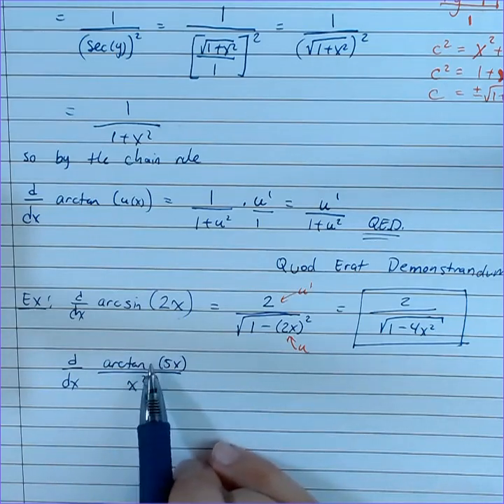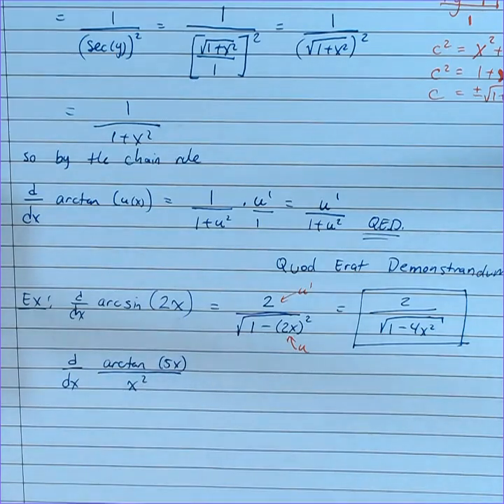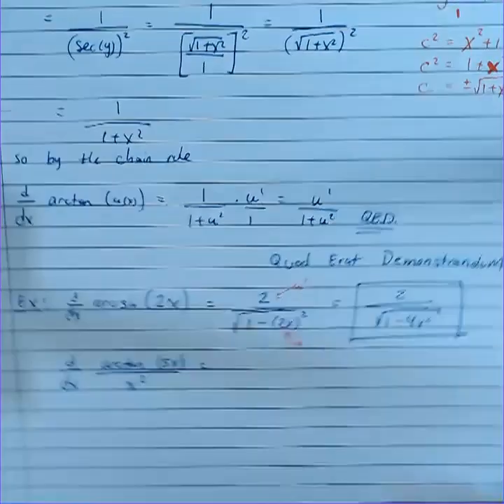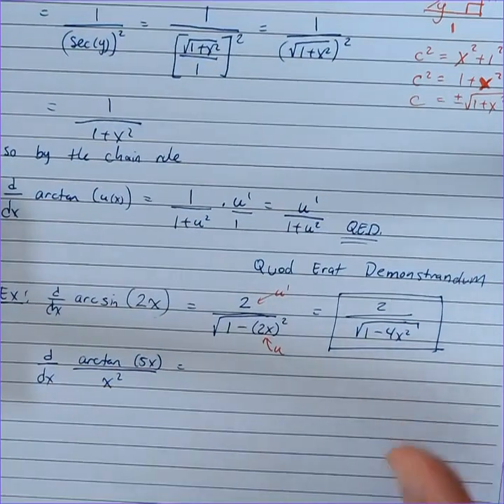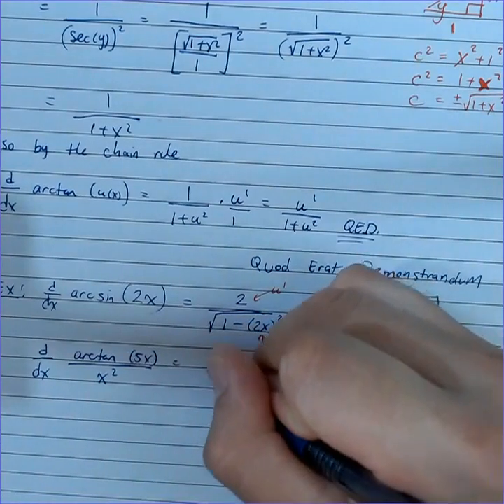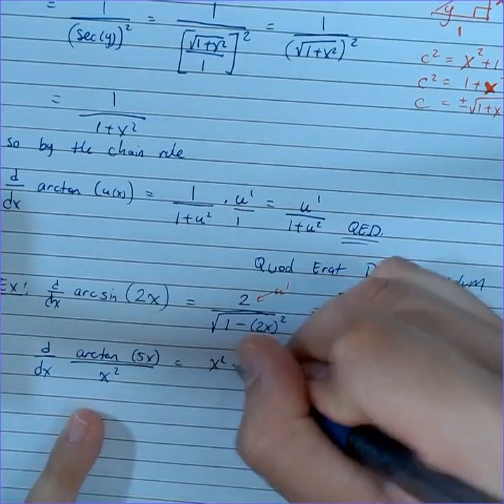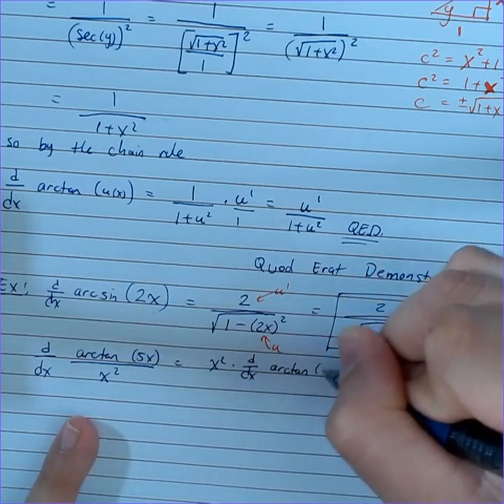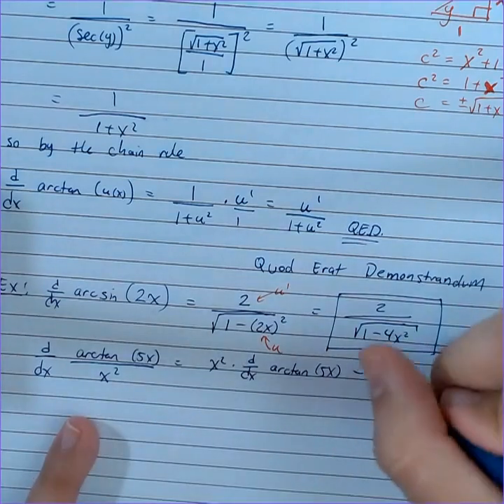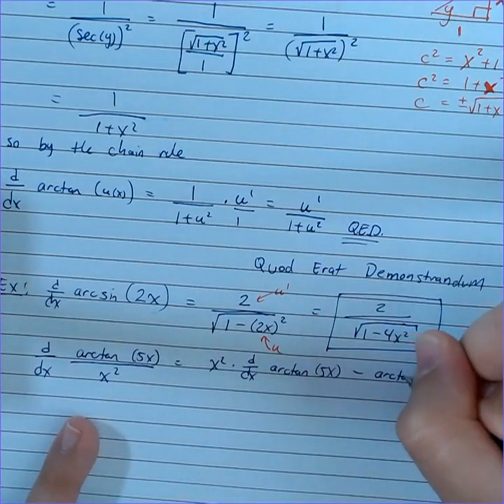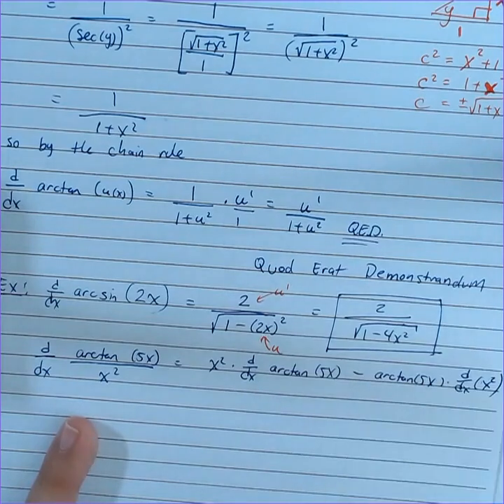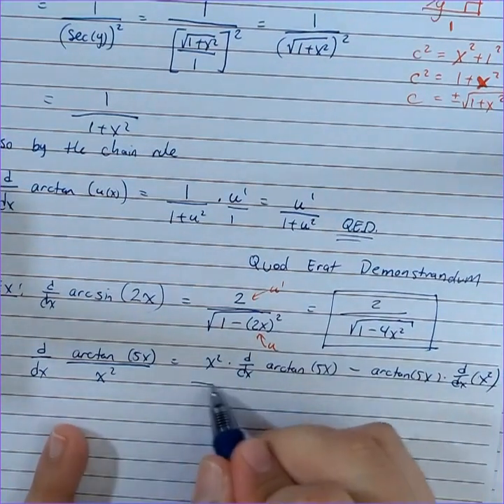But notice, that's only part of it. This is inside of a fraction, which means we're going to have to use the quotient rule on this. All right. So remember the quotient rule? The quotient rule says that we're finding the derivative of a quotient: that's the bottom times the derivative of the top, minus the top times the derivative of the bottom, divided by the square of the bottom.